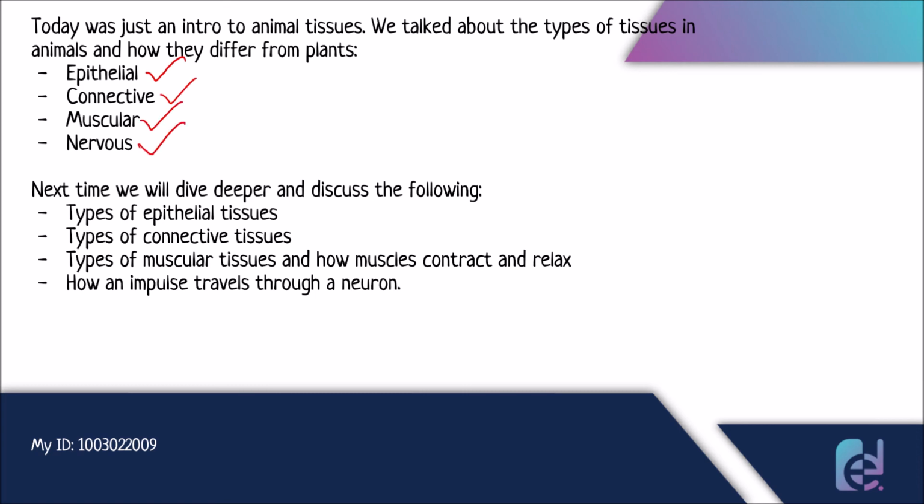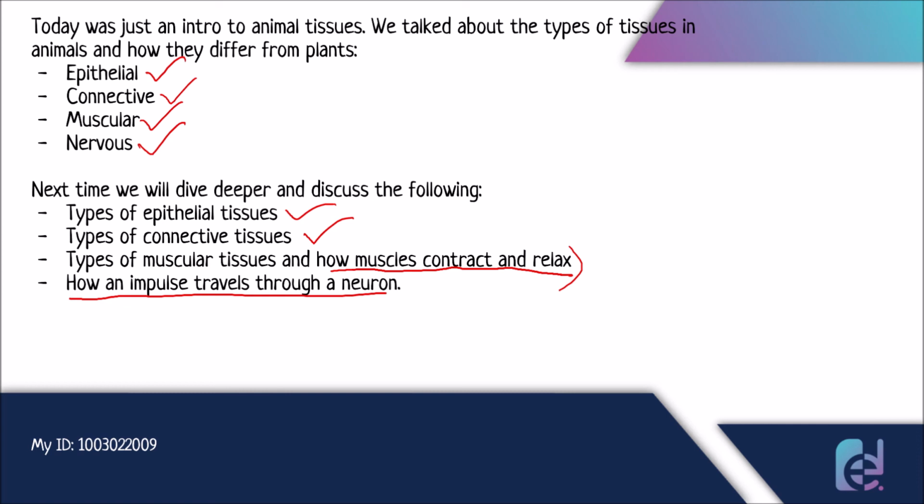Next time we will dive deeper into this and we will discuss the following topics: the types of epithelial tissues, types of connective tissues, types of muscular tissues, and how muscles actually contract and relax. And so this will basically teach you how the signals are sent to the muscle, and how the muscle knows how to contract, how to relax, what chemicals are released, and how an impulse travels through a neuron.